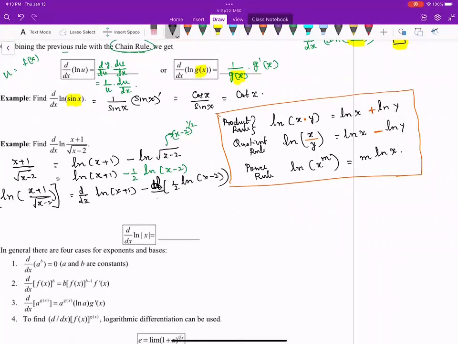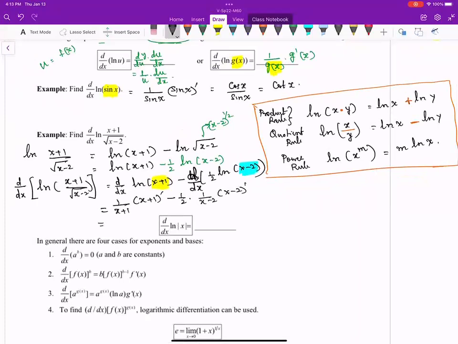So the derivative of ln of x plus 1: imagine that this is the argument, ln of something. It will be 1 over that something, then the derivative of x plus 1, which is after all 1. Minus, half can be pulled out, then ln of x minus 2 in the argument. So it will be 1 over x minus 2 times the derivative of x minus 2.